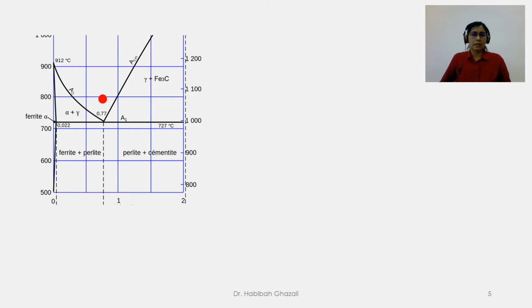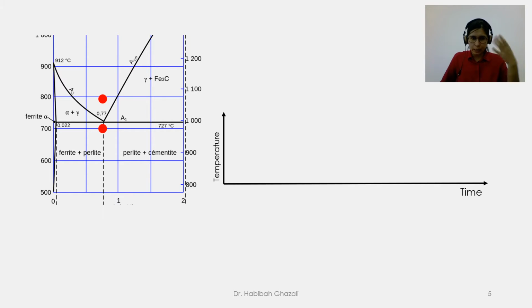What they did first is they austenized it to a temperature above the eutectoid temperature and then quenched it to 700 degrees Celsius. They will look at the transformation that happens at 700 degrees Celsius at different times.